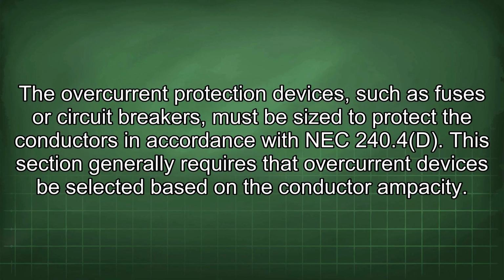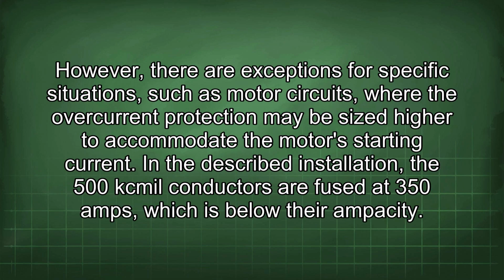The overcurrent protection devices, such as fuses or circuit breakers, must be sized to protect the conductors in accordance with NEC 240.4D. This section generally requires that overcurrent devices be selected based on the conductor ampacity. However, there are exceptions for specific situations, such as motor circuits, where the overcurrent protection may be sized higher to accommodate the motor's starting current.